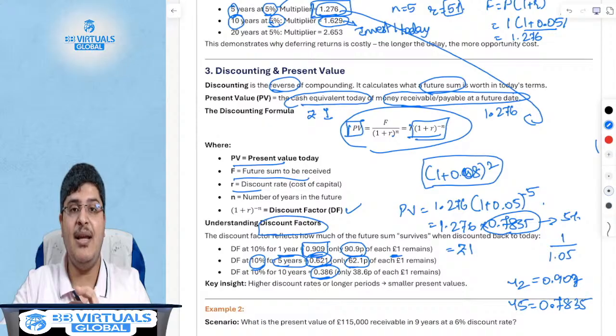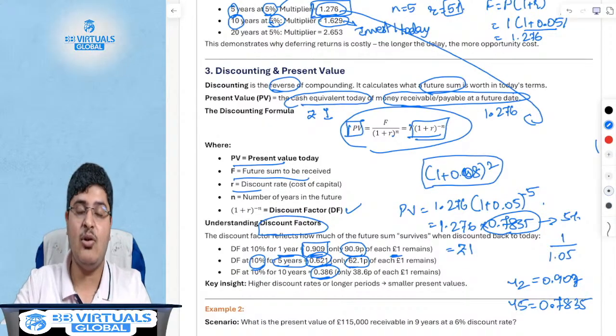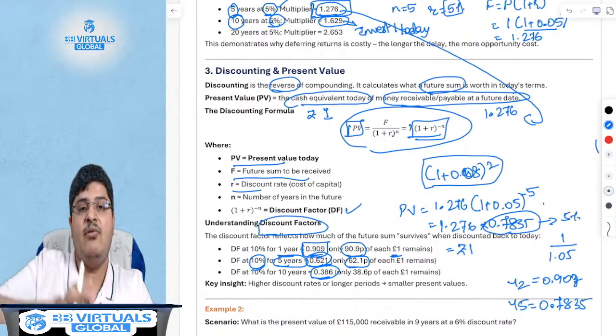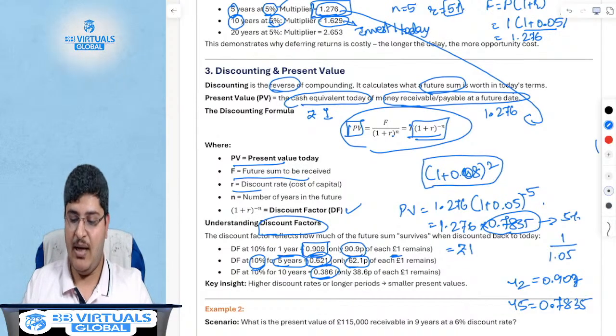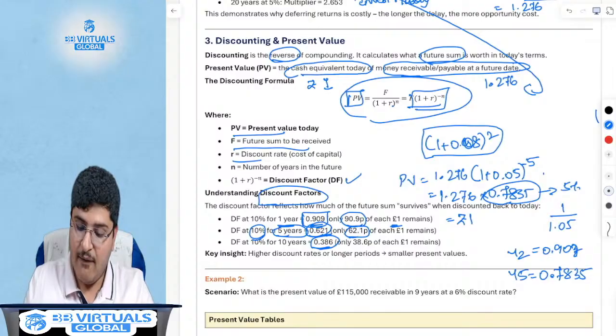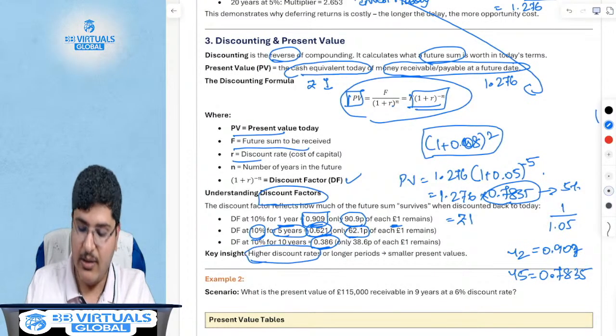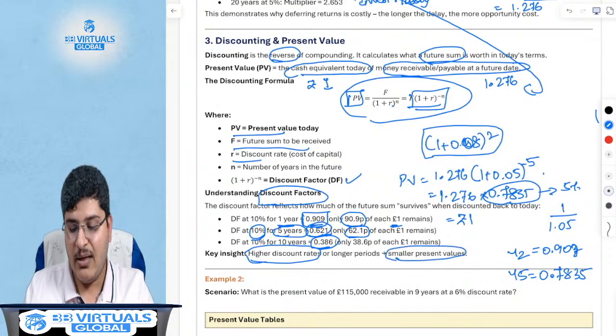The discounting rate being higher means the compounding rate is also higher, which means if you invest 1 rupee today, you will get much higher tomorrow. But that same much higher tomorrow, if you bring it back today, will be much lower. So if there are higher discounting rates, then the present values are smaller.